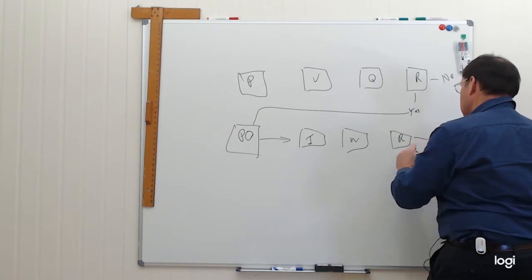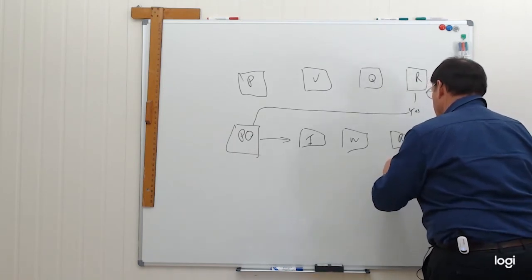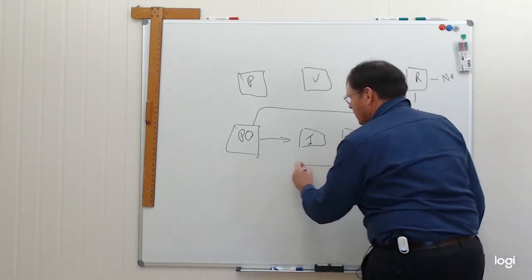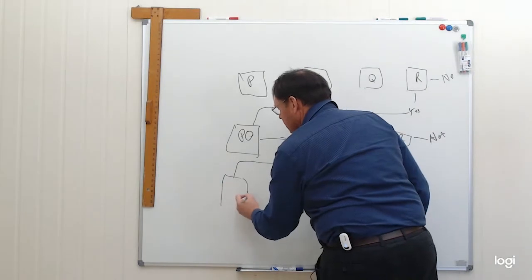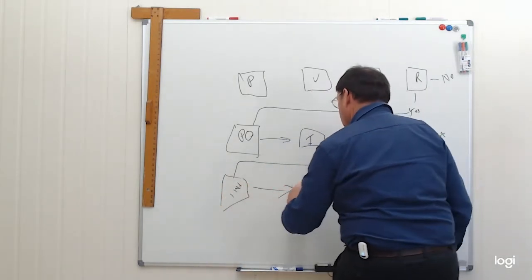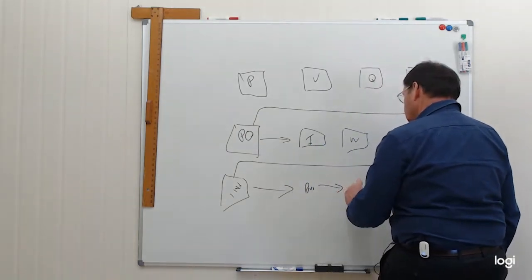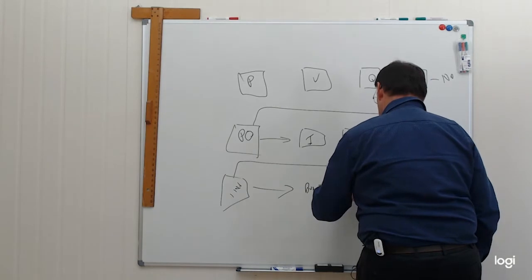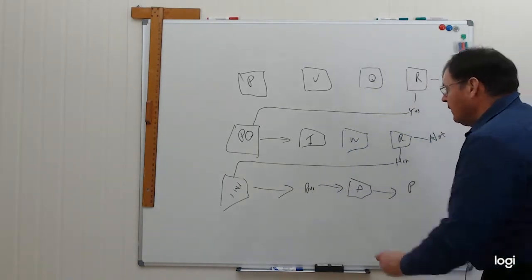Happy? Sorry, not happy. Happy. Comes down to here. So once they're happy, you send the invoice. Invoice goes to their business. They look at it, approve, and you get paid.